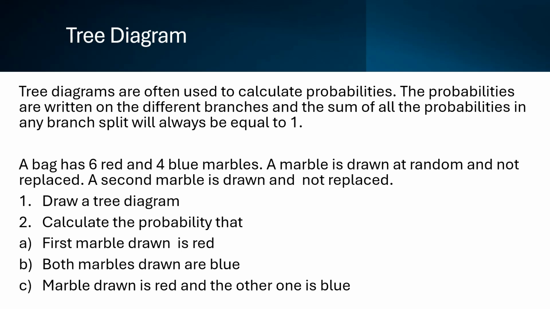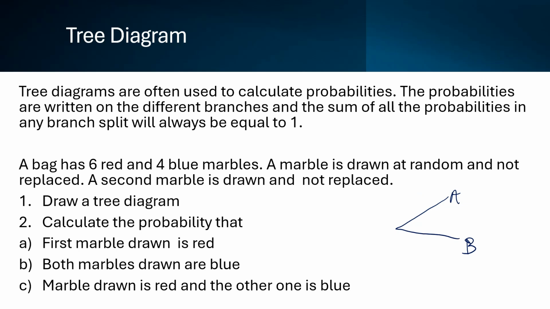What is a tree diagram? Just to remind you, tree diagrams are often used to calculate probabilities. It's kind of like the branches of a tree, where this might be for a certain event, let's call it A, and another event B. On top of them we put probabilities.